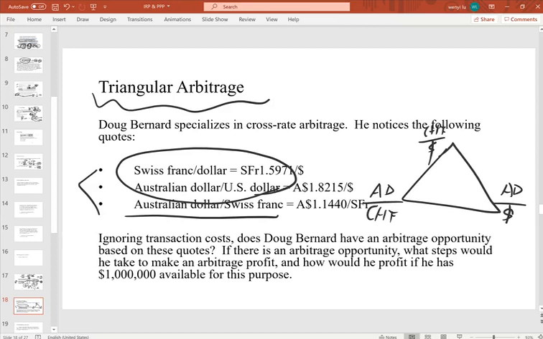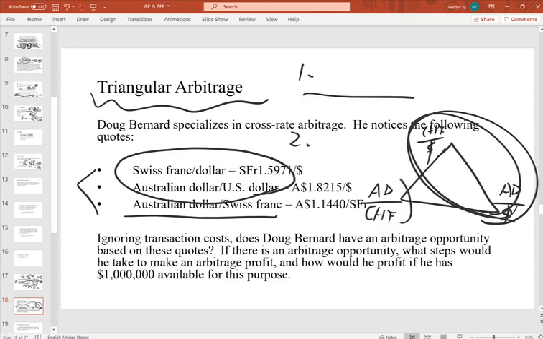So the first step, you always solve the implied cross rate based on these two quotes. Next step, you use the cross rate you solved from these two quotes to compare with this one, to determine which currency is overpriced in the US and which currency is underpriced in the US.